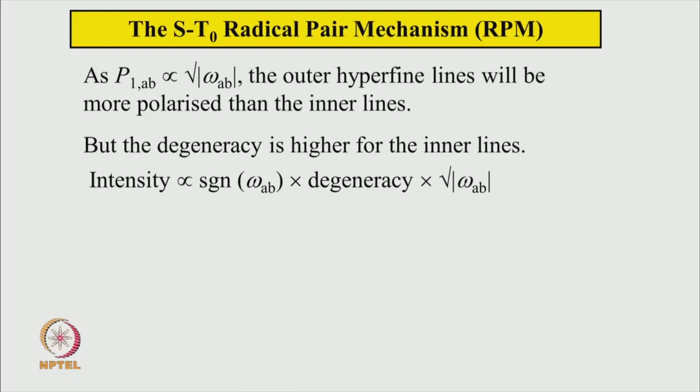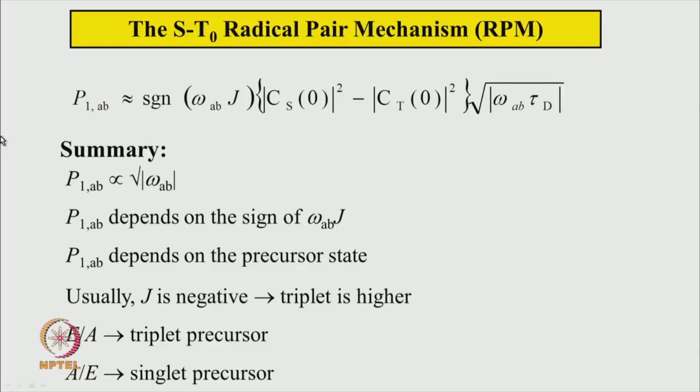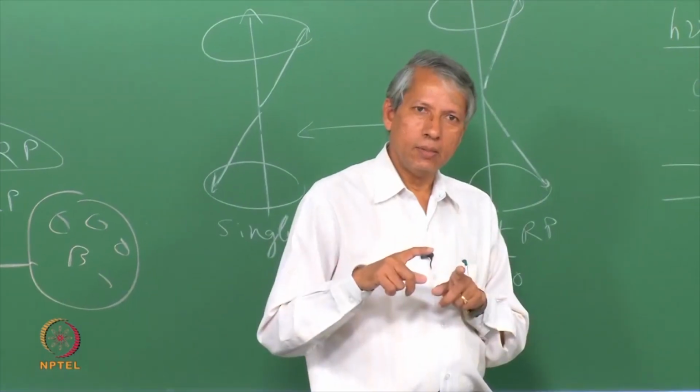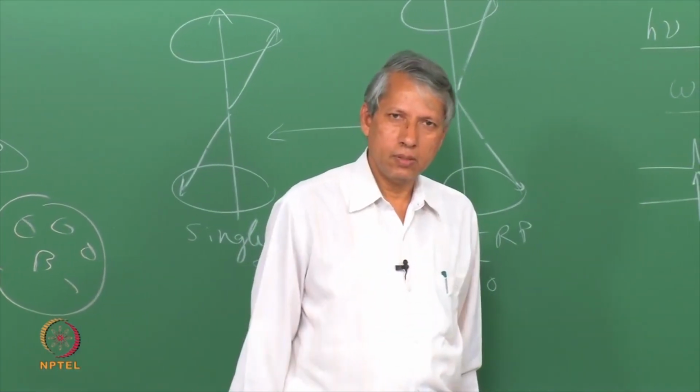Now, a little more quantitative discussion. As the polarization depends on the square root of the difference in precessional frequency, the outer lines will be more polarized than the inner lines. But the degeneracy is such that the outer lines have a lower intensity than the inner lines, so they go in the opposite fashion.